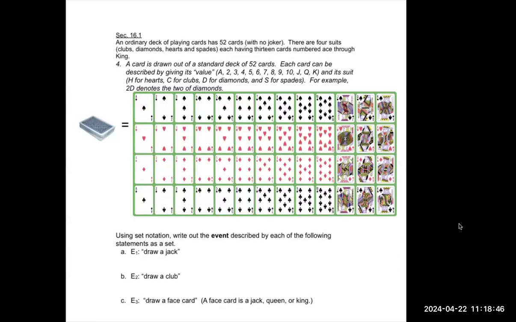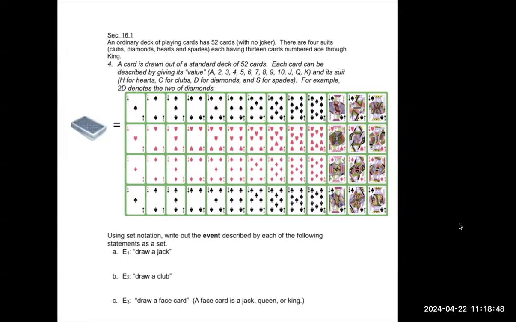But anyways, this is ace, 2, 3, 4, 5, 6, 7, 8, 9, 10. Then there's a jack, and I don't know why they do this, but instead of having an 11 they put a jack, which has the same value in most games as an 11.